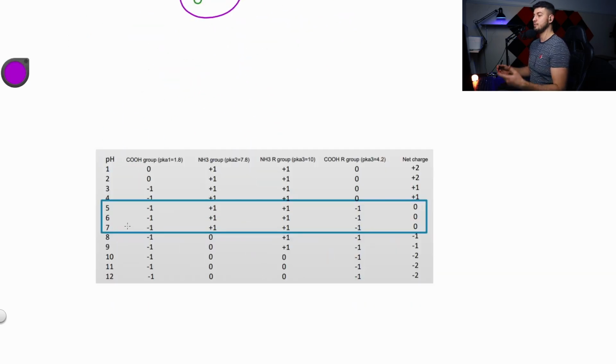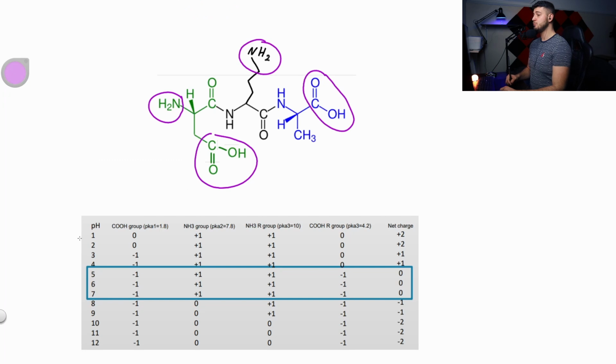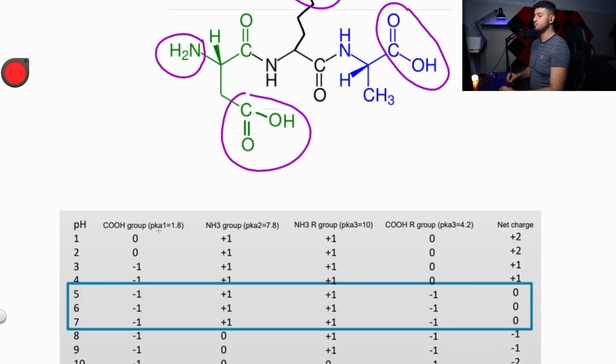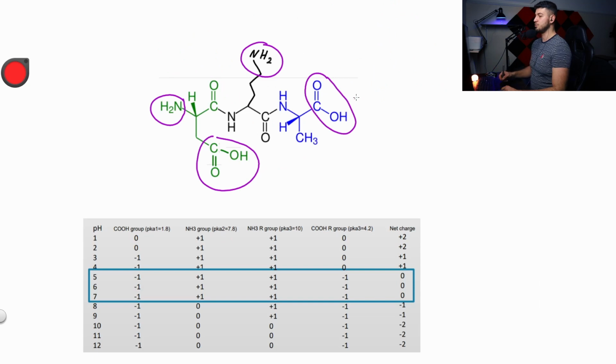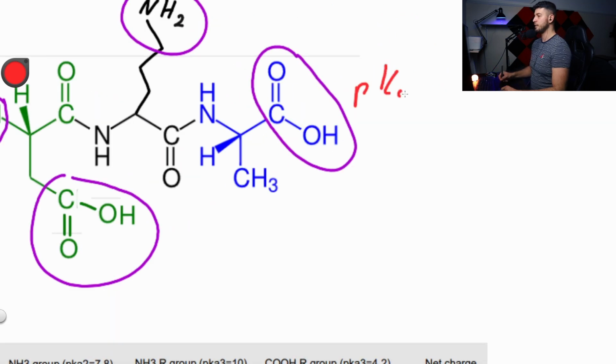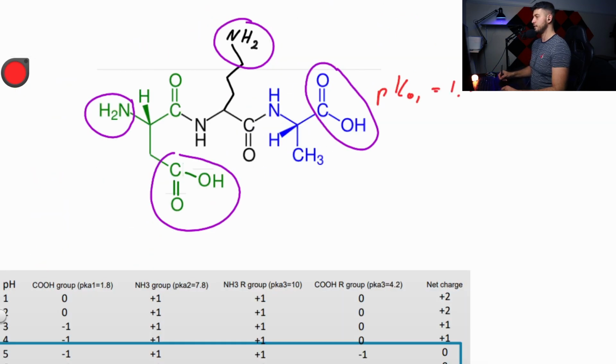So let's take a look at what's in the table. The table gives you pKa values for each and every functional group. Let's actually write down these pKa values corresponding to functional groups. So the COOH group, if it's not in the R, it means that it's just the terminal one. So that would be this pKa 1.8.